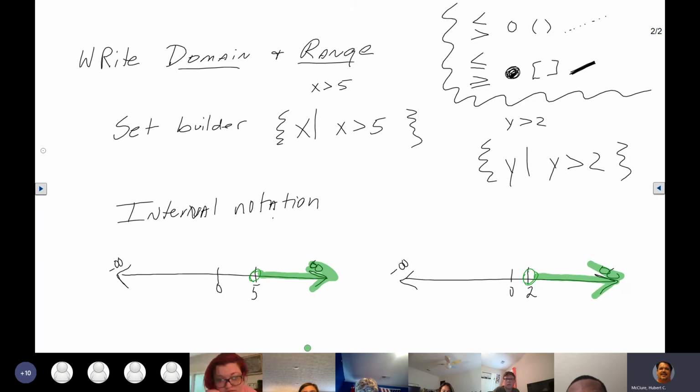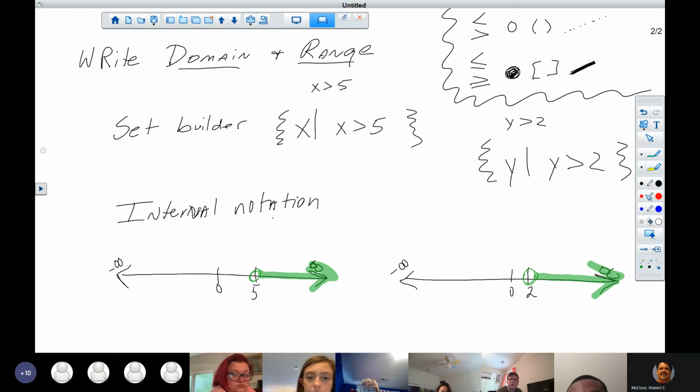All right. So which way do we read? Left to right. So somebody read this right here, the 5 or greater. How do you read that? Which way do we read? Left to right. So where do you hit the green first? On the left.